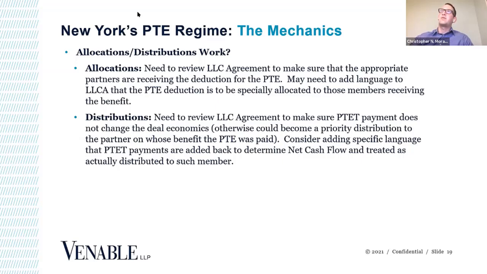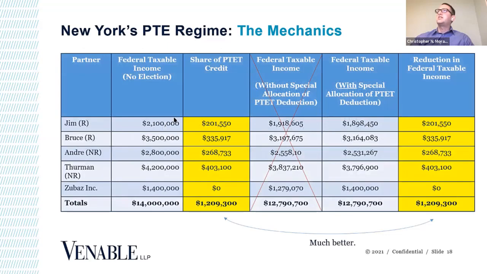Because as we saw going back in slide 17, if there's no special allocation, the PTE payment is not going to match the reduction in federal taxable income. What we have is Zubaz Inc. getting disproportionate benefit, even though there's no PTE credit paid on its behalf. It would have this reduction in federal taxable income.